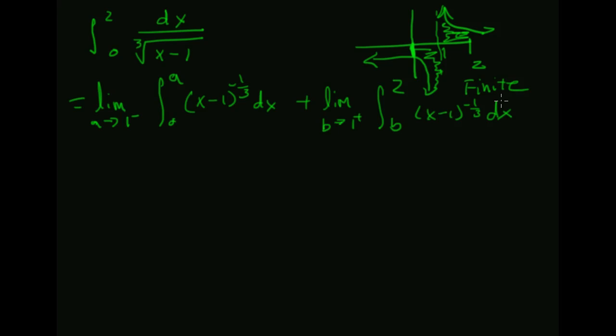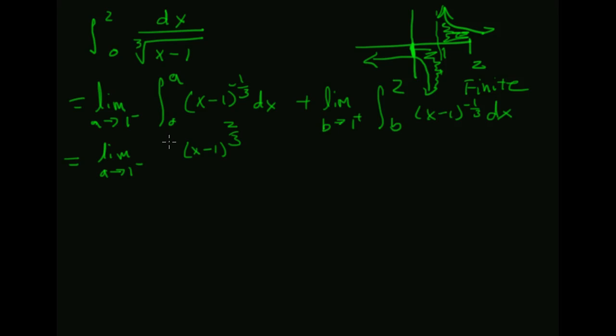Alright, so we can do a little bit of work here. We can probably work them both at the same time because the antiderivatives are the same. So we take the limit as a approaches 1 from the negative side, and I'm going to get x minus 1 to the negative 1/3, so I'm going to end up with a 2/3 power here.